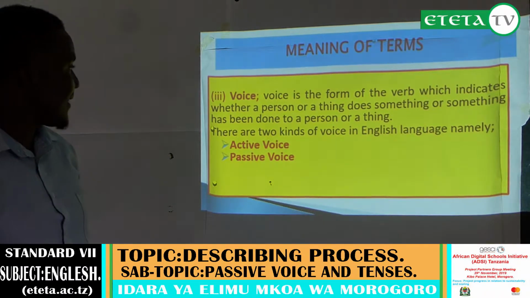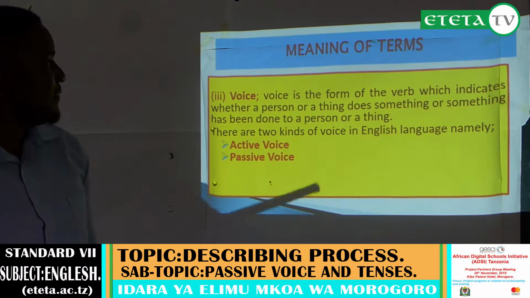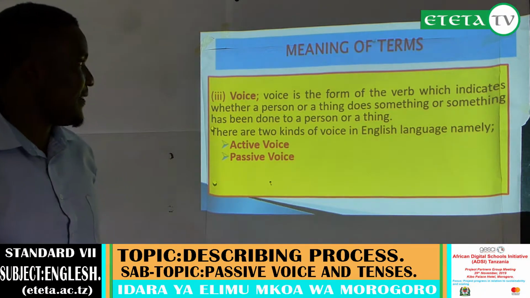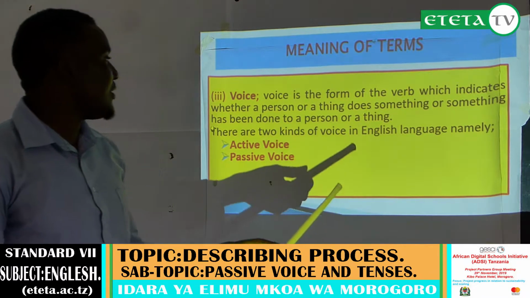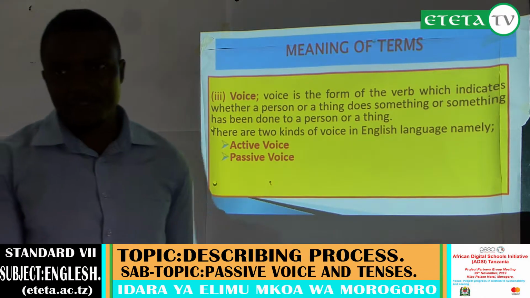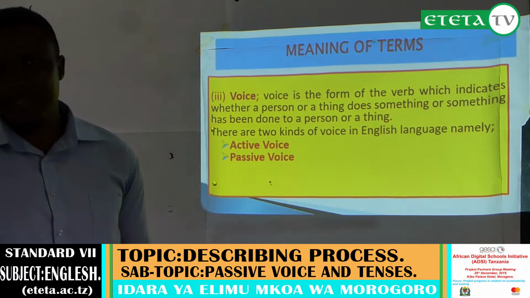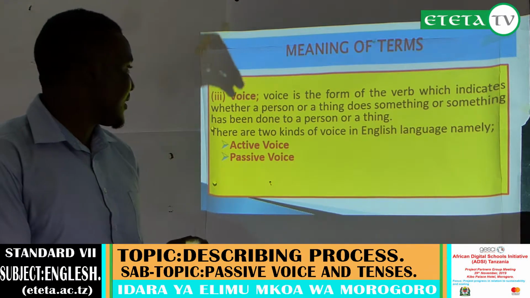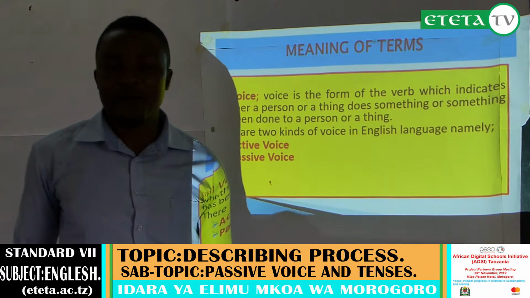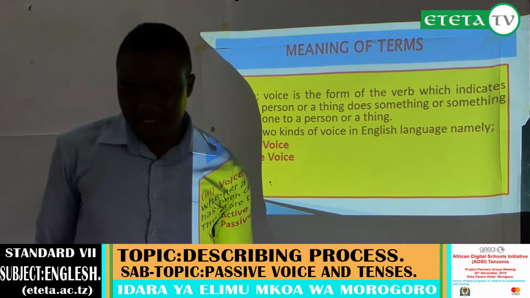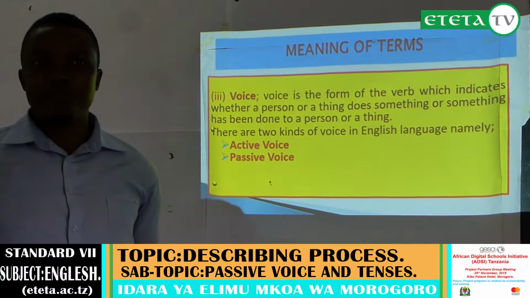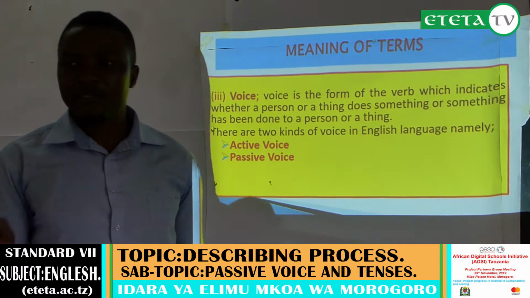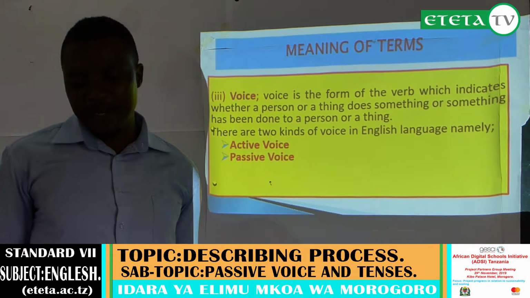Let us see another term of the topic, which is voice. Voice means the form of the verb which indicates whether a person or a thing performs or does something, or something has been done to a person or a thing. In our day-to-day communication, we use voice when we send a message to someone.